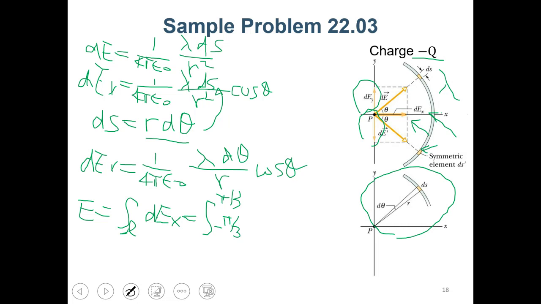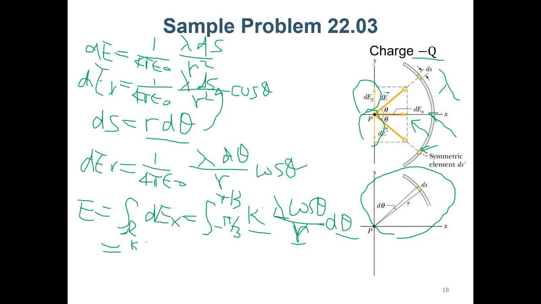And we have k, which is 1 over 4 pi epsilon 0, and we write lambda cosine theta over r d theta. Most of the terms are constant with respect to theta, so k lambda r is nothing but k lambda over r.